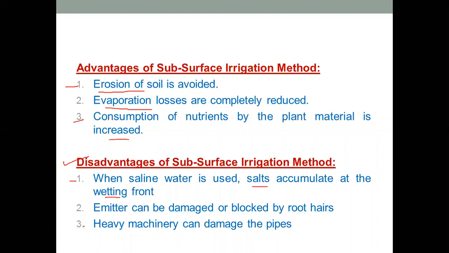If the water transported through the subsurface irrigation pipes is saline, it contains a high quantity of salt, and those salts will accumulate at the dripping points of the pipes, which may block them, and hence water won't be able to percolate out of the pipe onto the soil, or onto the root zone. So that is one disadvantage.